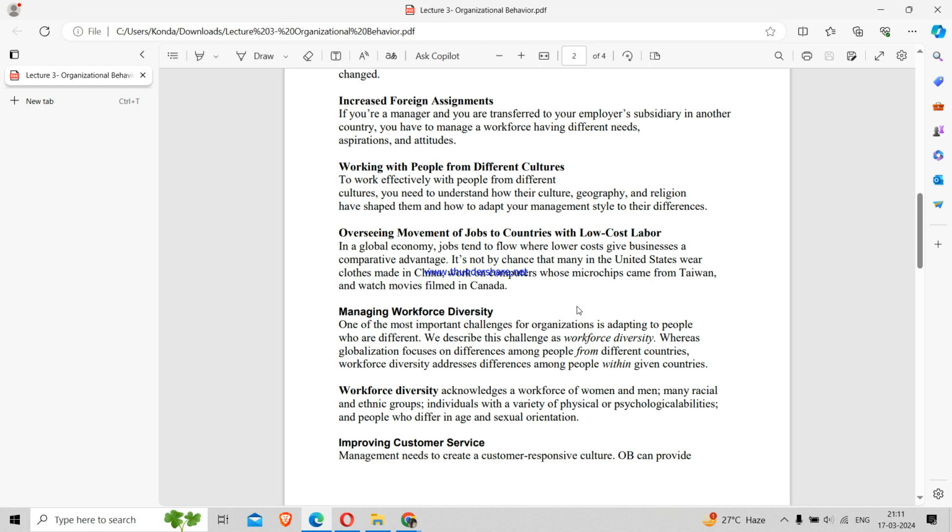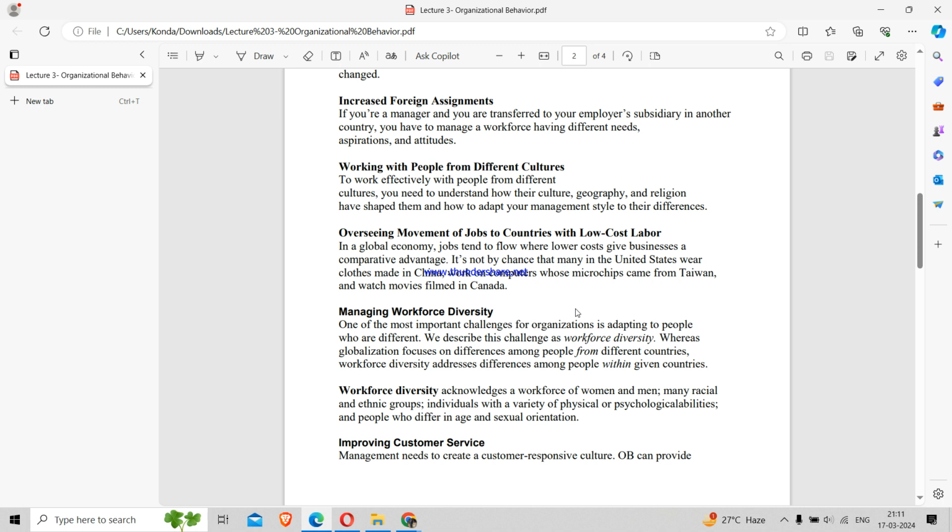In that particular case, because their expectations are way higher than whatever they are getting, they might not feel that interactive in their work, right? So this is another thing that causes hindrance to organizational behavior.